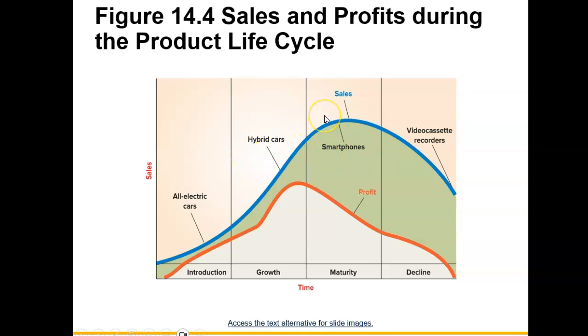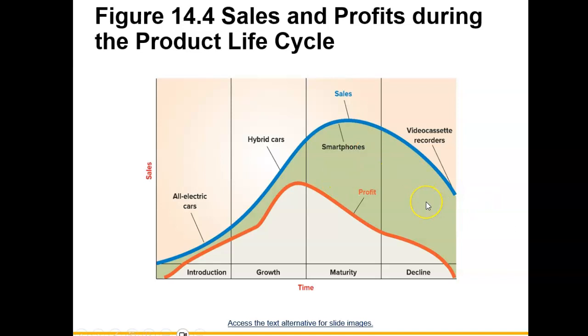The maturity stage is when a product has been out there for a while, such as smartphones. In 2023, everybody pretty much has a smartphone. Note that sales are increasing, but profitability is going down some. Think about TVs, for example, and how expensive TVs used to be compared to their prices now.